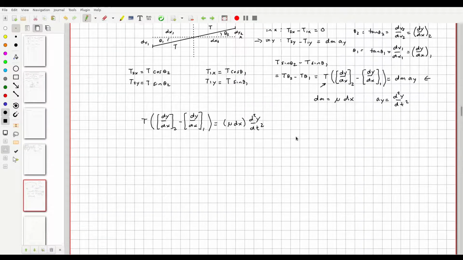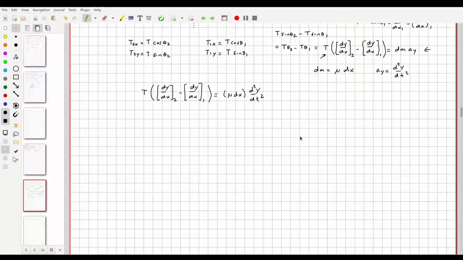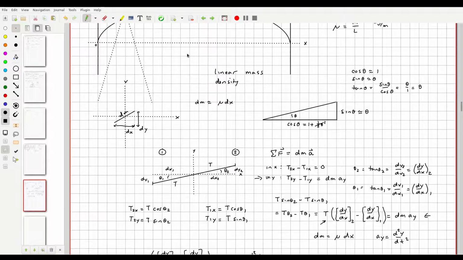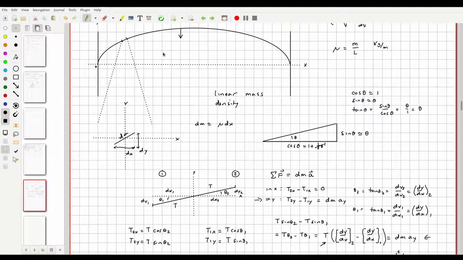Now, I'm going to make a notation change here. Since this wave could be traveling back and forth, y is going to be changing with time. So the y position is going to change with time as this thing oscillates up and down. But we also know that as we go along the x direction, y is going to change as well.